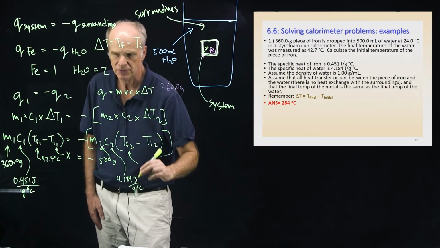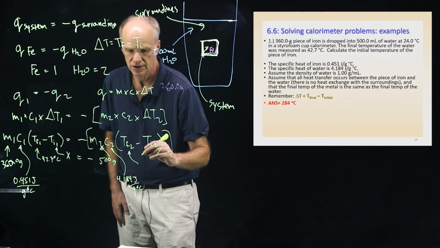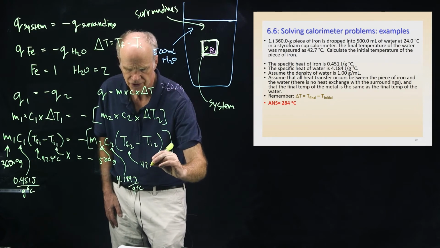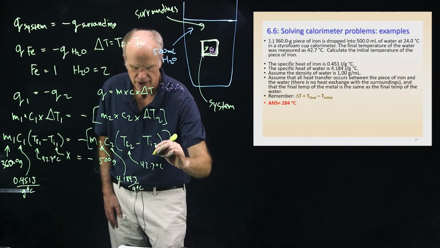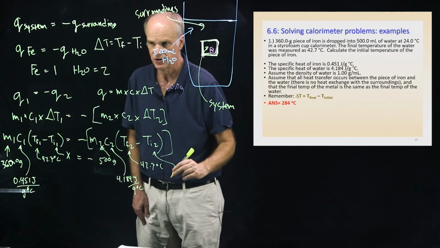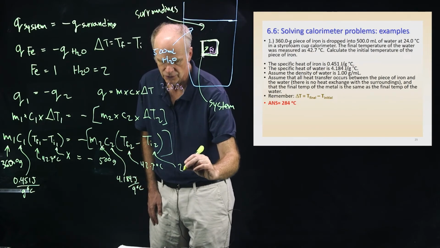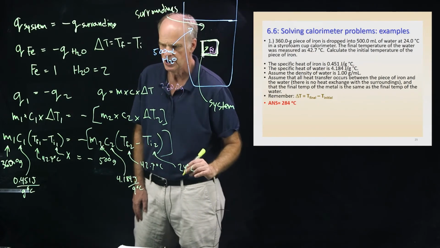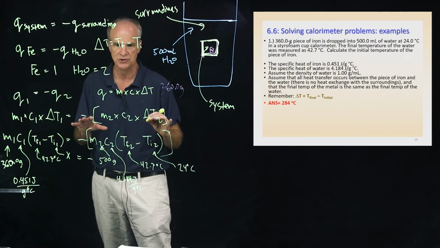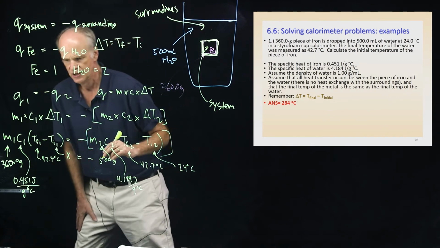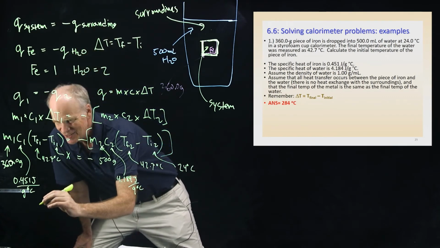The final temperature of the water we are given, it is 42.7 degrees Celsius. And the initial temperature of the water we're given as well is 24 degrees Celsius. So what I'm going to do is just plug in numbers into the equation and see where the x is.